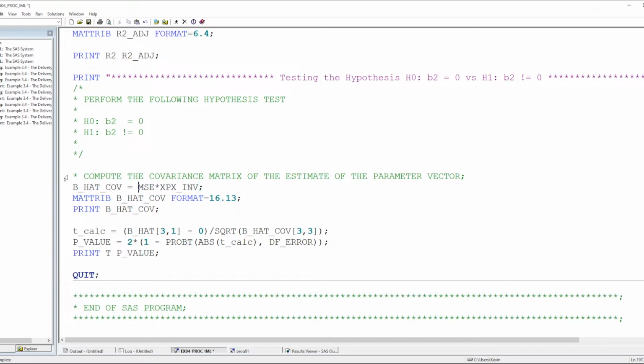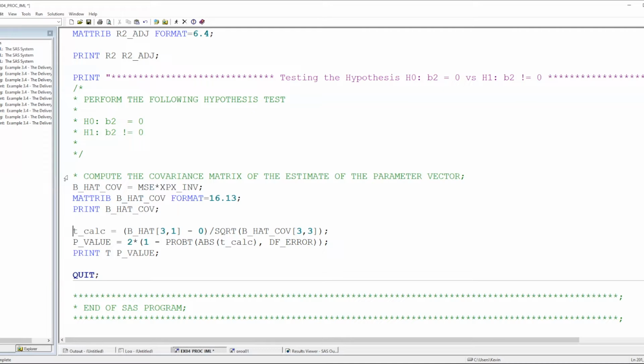And you'll also recall that the point estimate of sigma squared, which again is the variance of the error term in the model, is provided by the MSE, the mean squared error, in the analysis of variance table for the regression. Okay, so beta hat cov, again, is the 3x3 covariance matrix for beta hat.